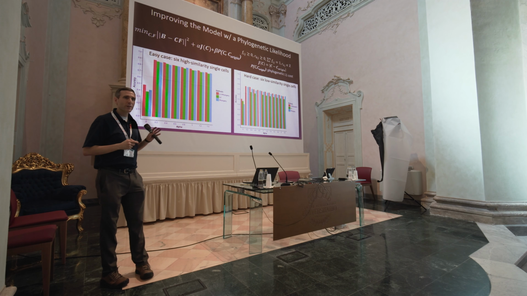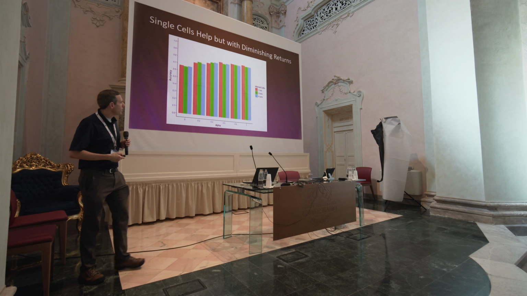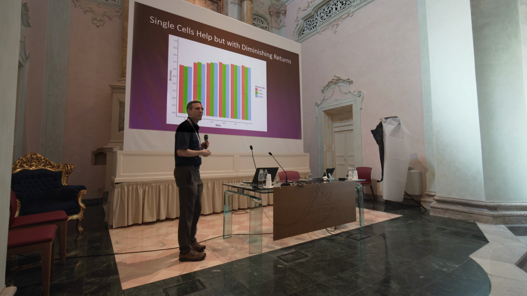If you're looking at more divergent examples, then building a phylogeny helps you appreciably. It gives you about a 10% boost in accuracy, although everything works worse on more divergent samples, but at least we get some improvement there. But we see there is a significant amount of diminishing returns.